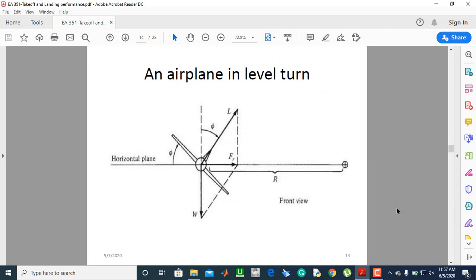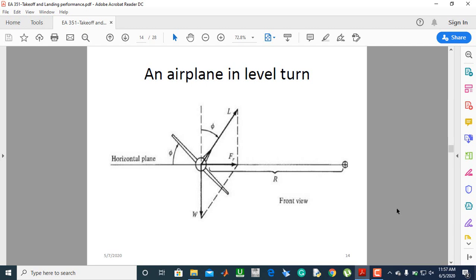So this sketch shows a plane which is flying horizontal but in a steady turn. So the forces that are acting on this aircraft, there is the weight, then there is the lift, and the resultant force is towards the center. You can see from this sketch FR, the resultant force, which is acting towards the center. So there's a centripetal force that will be exerted.